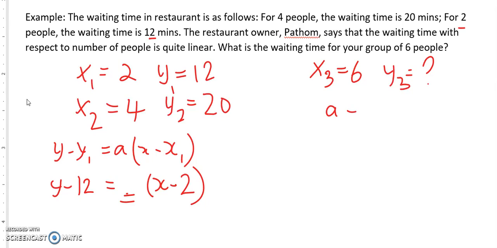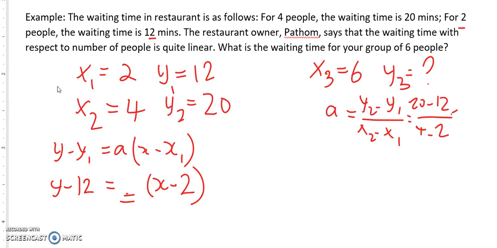Slope a is equal to y2 minus y1 divided by x2 minus x1. We know all those numbers because they are given here. So this is equal to 20 minus 12 divided by 4 minus 2, which is equal to 4.